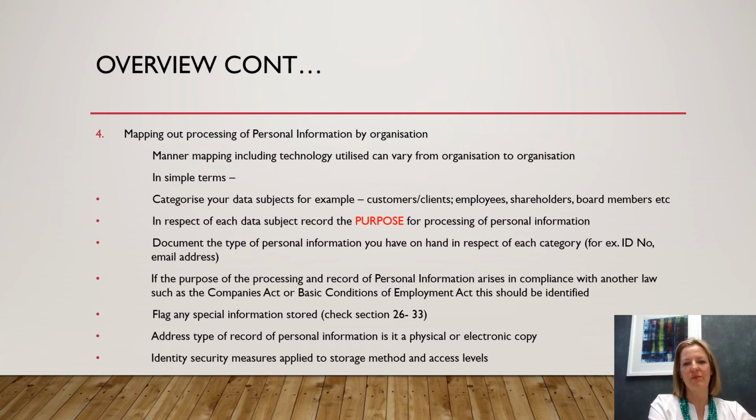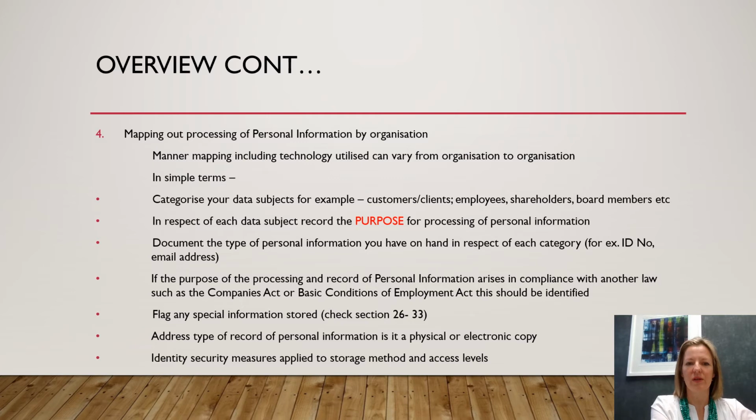And from that point, you would document under each category of data subject what type of personal information you hold. For instance, ID number, names, email addresses, physical addresses, any identifying information in respect of a natural person or identifiable juristic company or entity, sorry.